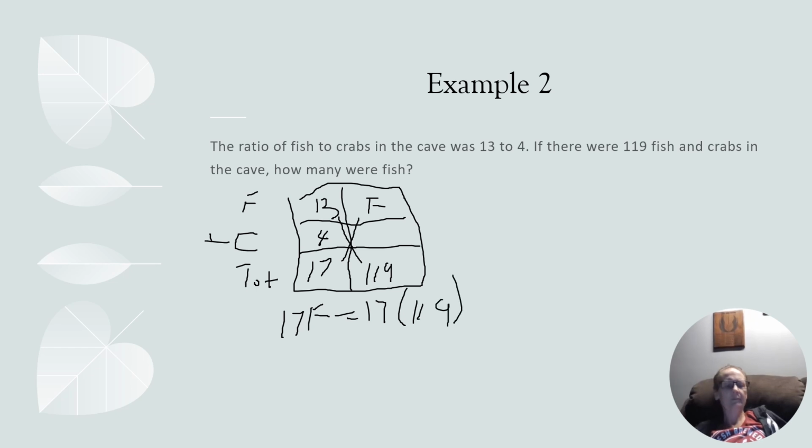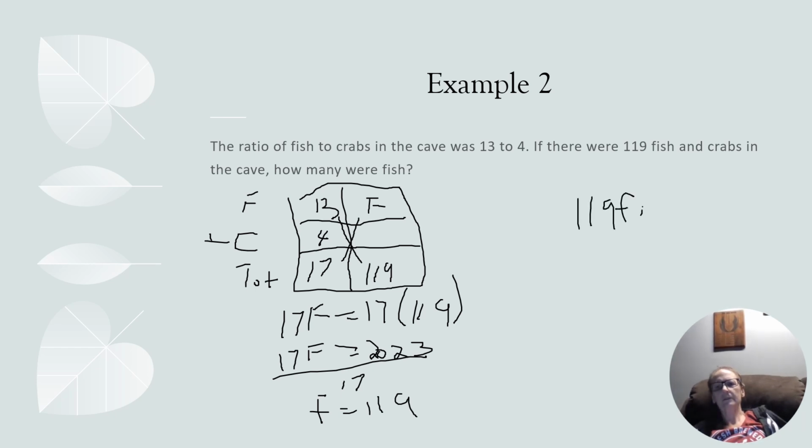So 17 times 119 is 2023. I'll recopy the 17F. Divide both sides by 17. And you get 119. So there were 119 fish. And there we go.